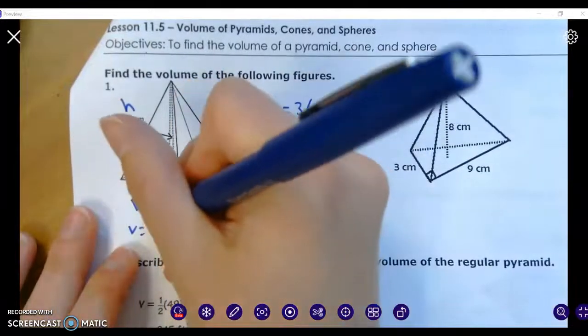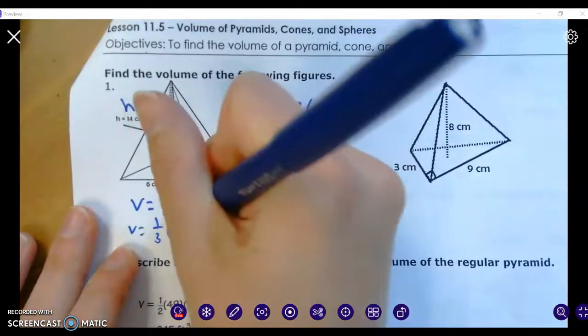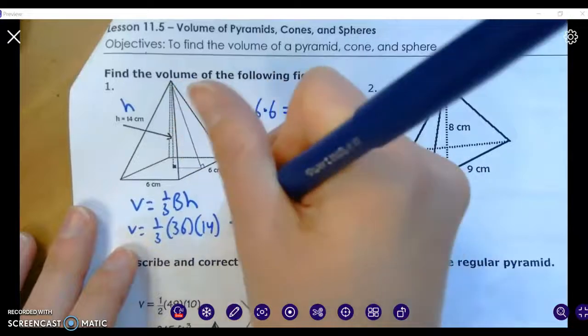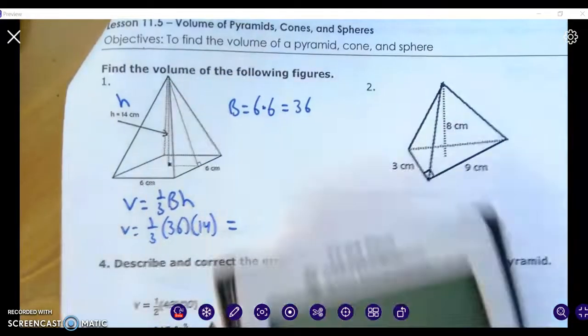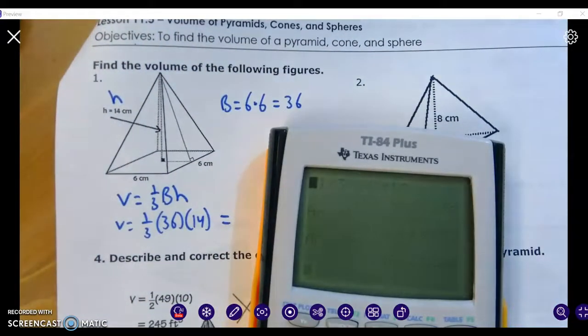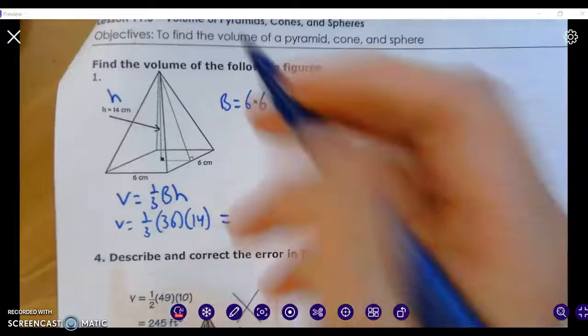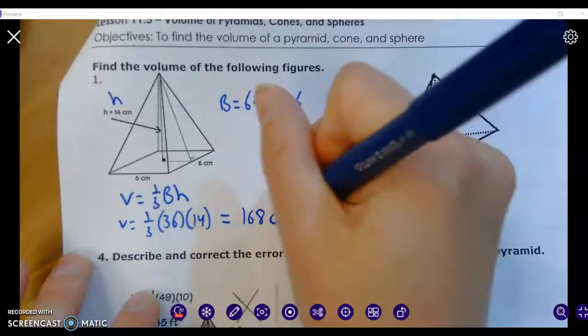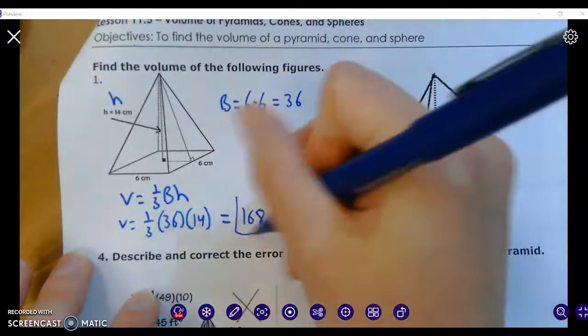Okay, we'll plug those in. 1/3 times 36 times 14. And I'm going to type that all into my calculator. So 1/3 times 36 times 14 is 168 centimeters cubed.